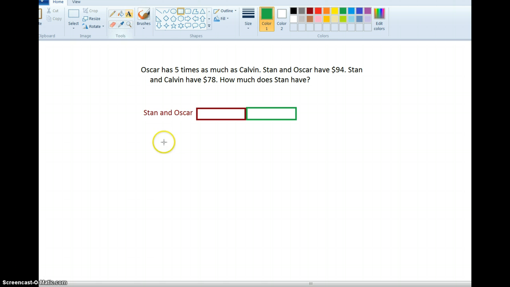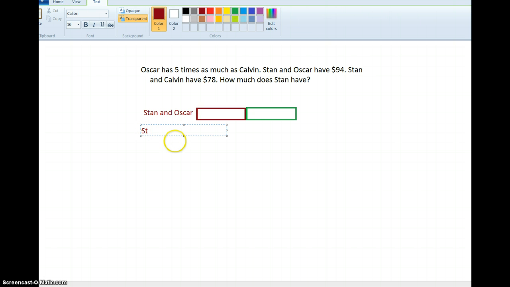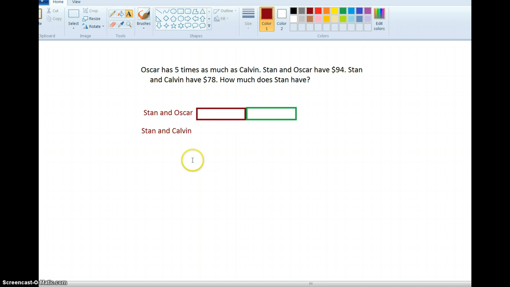Then we also know that Stan and Kelvin, they have $78. So again, we use the brown rectangle to represent how much Stan has.